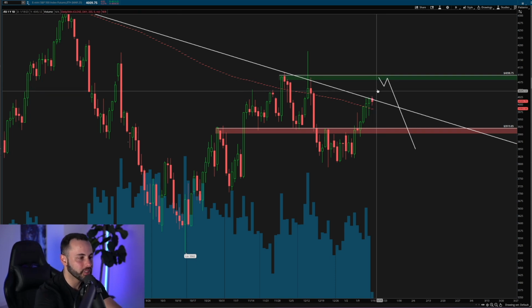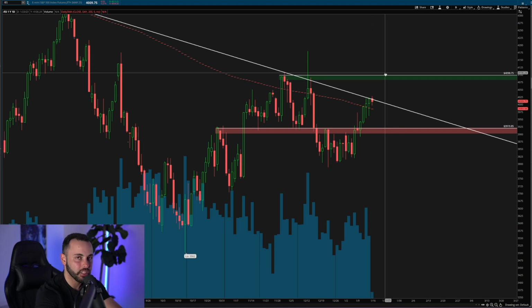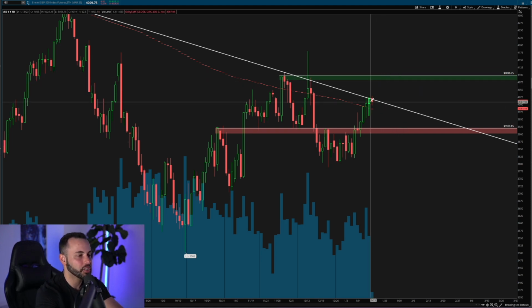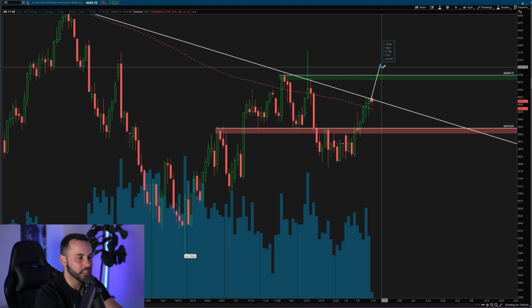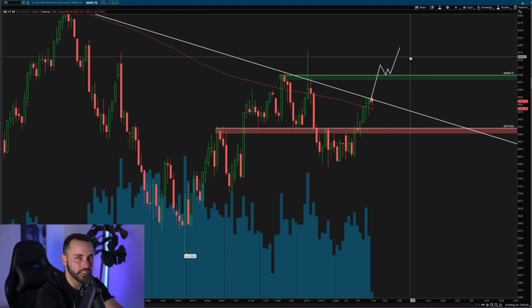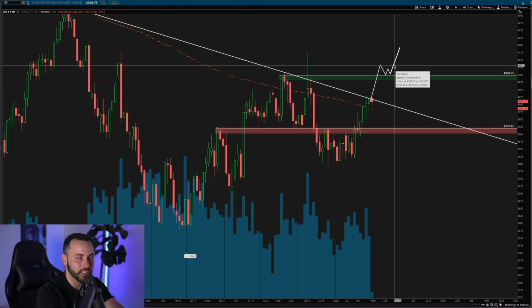So for me to really look bullish here, to be confident about the upside, and to take some trades to the upside on continuation, in my opinion, and remember, this is my opinion, this is my analysis, take it or leave it, I believe that you need to see a move over 4,100. That is the move that I'm looking for on the S&P 500 for that upside continuation.